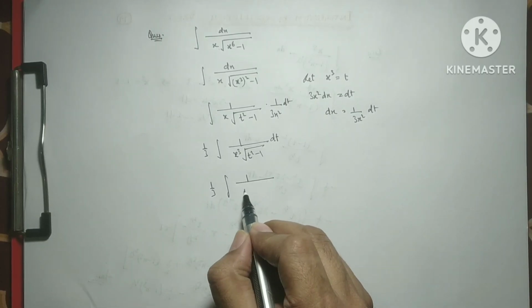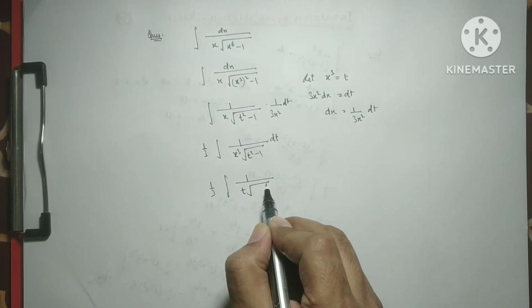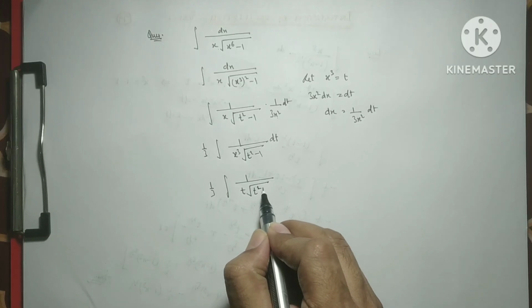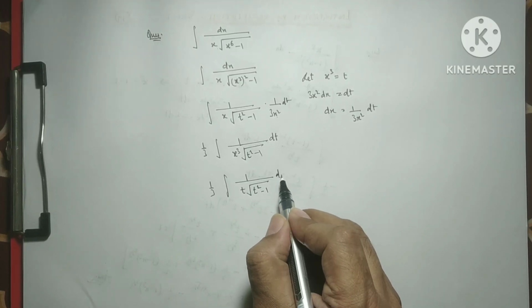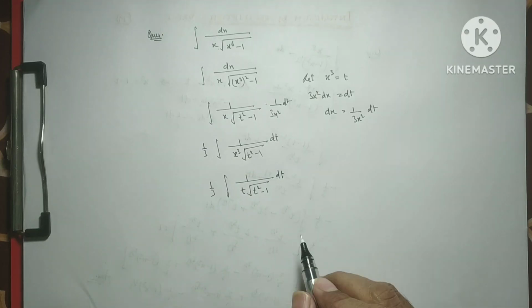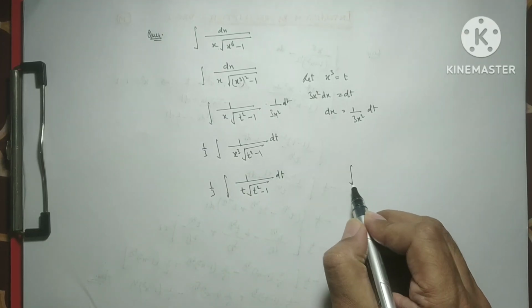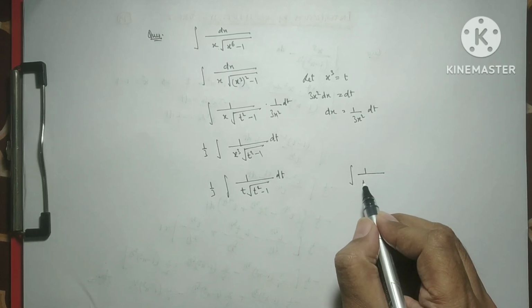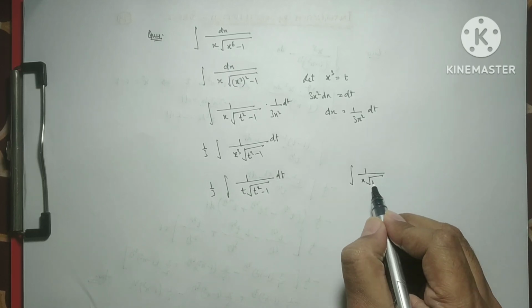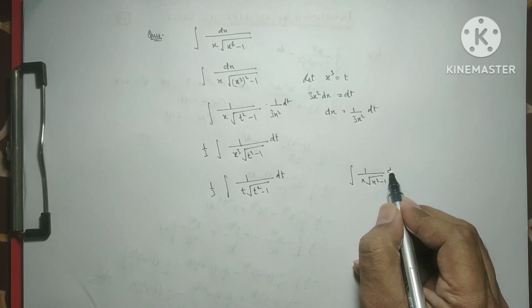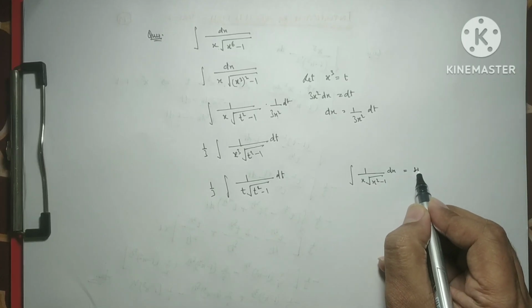So finally it is converted into 1 over t times root of t square minus 1, and this modification resembles the integration of sec inverse x, that is, 1 over x root of x square minus 1 dx is sec inverse x.